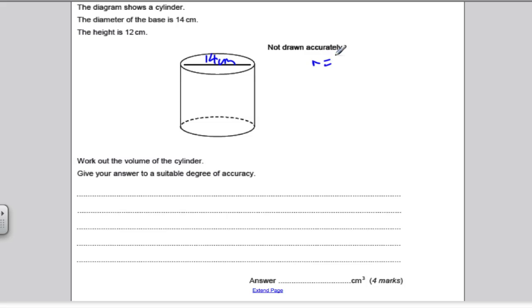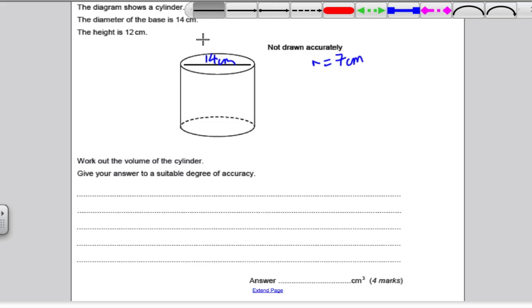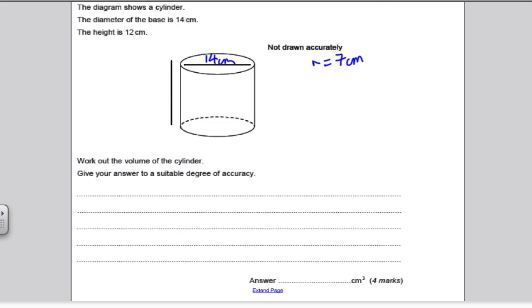So the radius must be 7 centimeters. And it says the height of the cylinder is 12 centimeters. So the height is 12 centimeters. It asks you for the volume of the cylinder, and it says give your answer to a suitable degree of accuracy. And we've got 4 marks. It gives you the unit centimeters cubed.